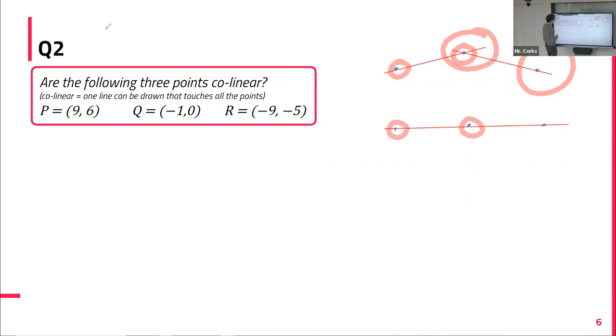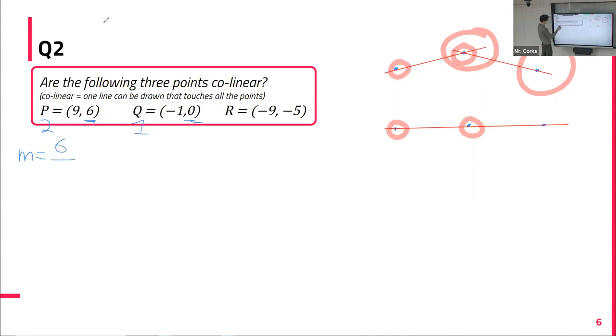All right, so let's do that. Which points did you choose to work this out? P and Q. All right. So let's do P is point 2 and Q is point 1. So our delta y here is 6 minus 0, so 6.